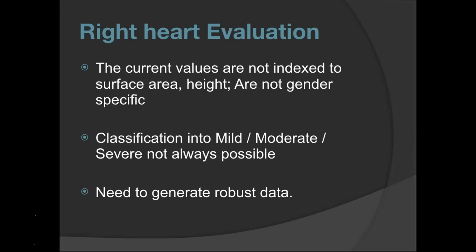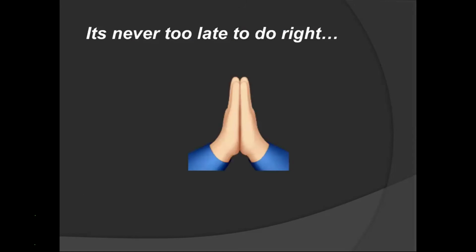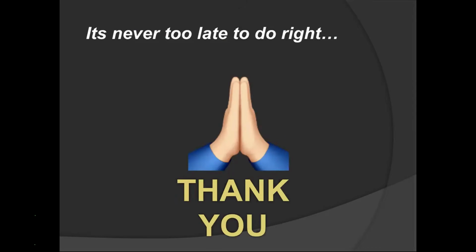Gender specific values are just emerging for some parameters only. Mild, moderate, severe is not always possible. We have numbers now with the new guidelines Dr. Hansa had shown, and there is a need to generate more robust data, with more normative data being generated, particularly from our country.